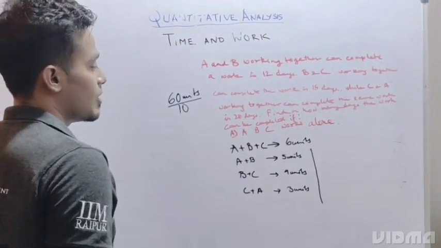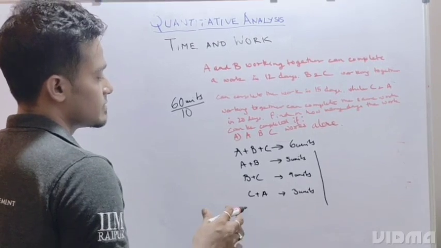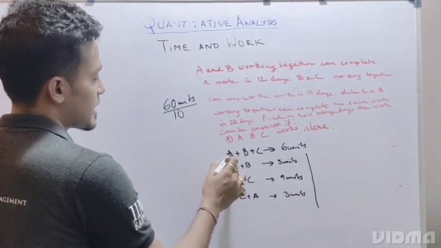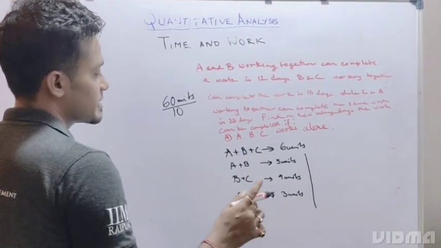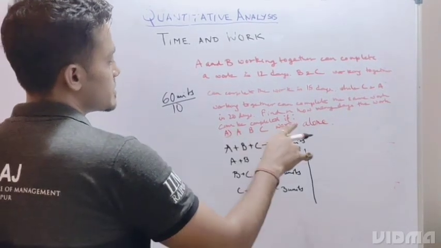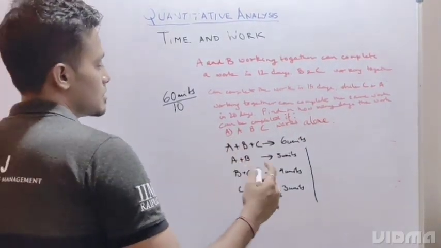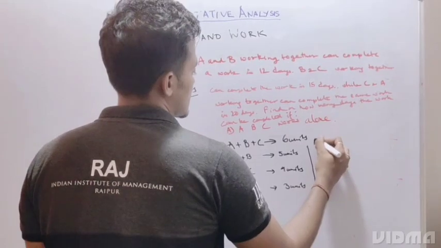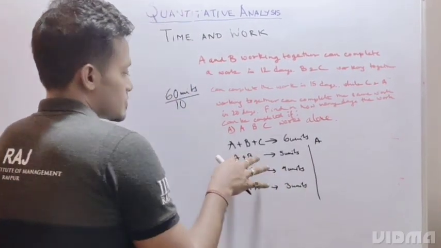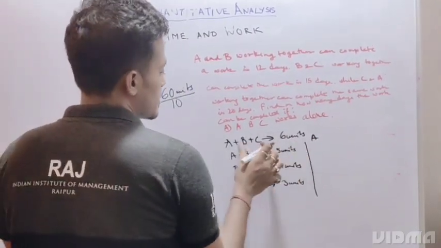So let's find out how many days each of these characters A, B, C will take individually to complete the work alone. So first let's start with A. To find out A, what do we have to do?